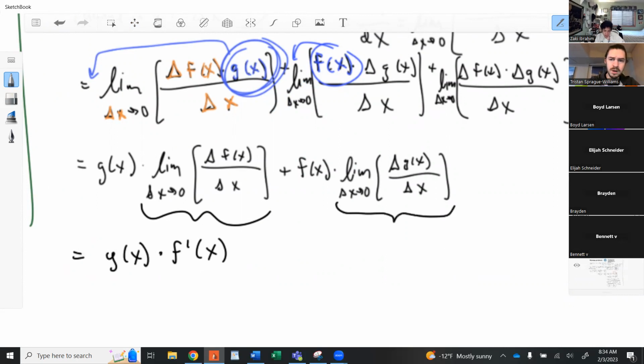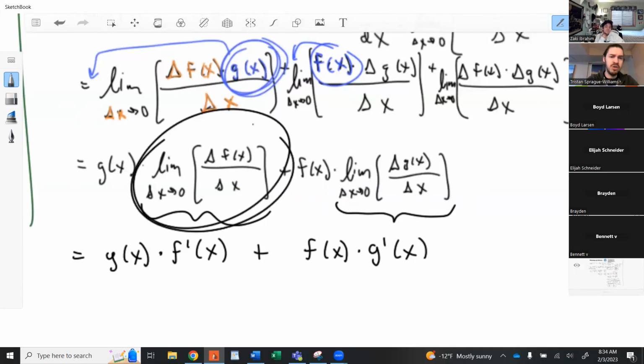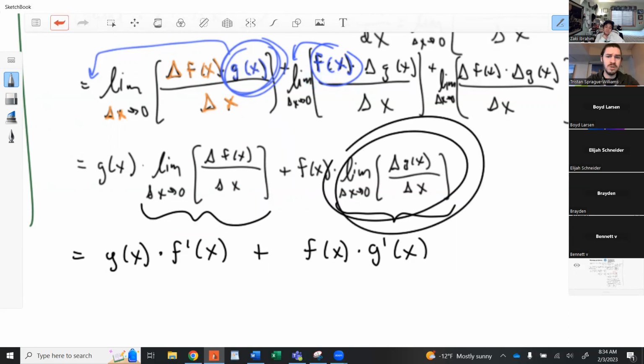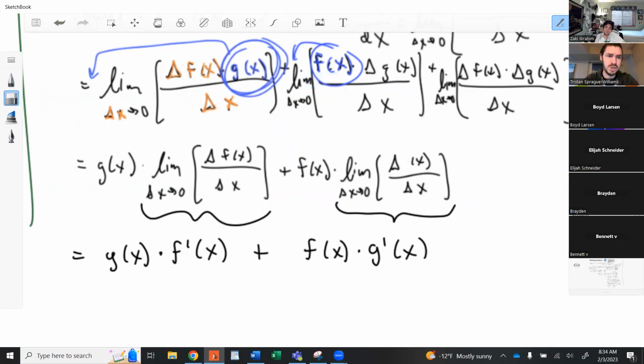What I get here is just the derivative of g. Okay, so far I have that. All right, this is great. This is literally the definition of the derivative. That's just the limit of the difference quotient for the f function. And then this is the limit of the difference quotient for the g function.